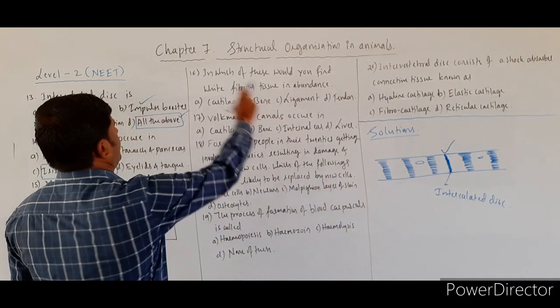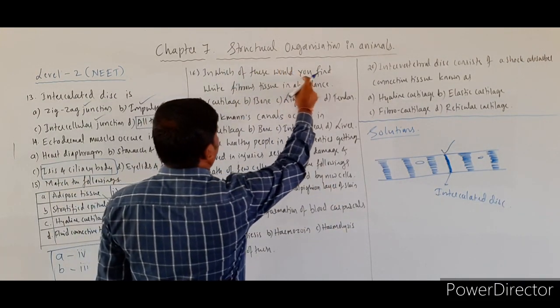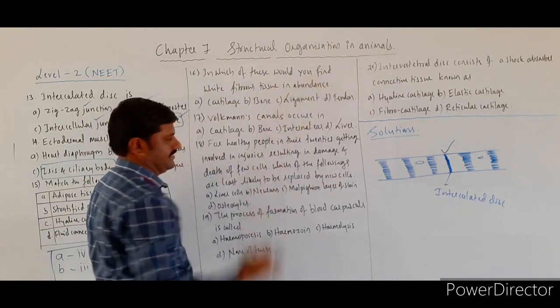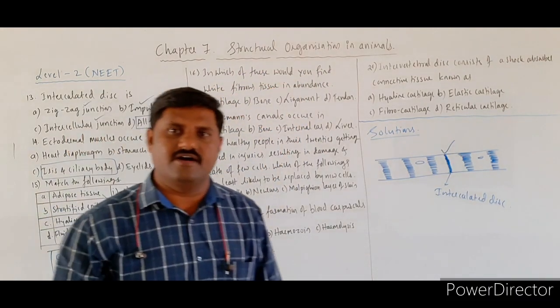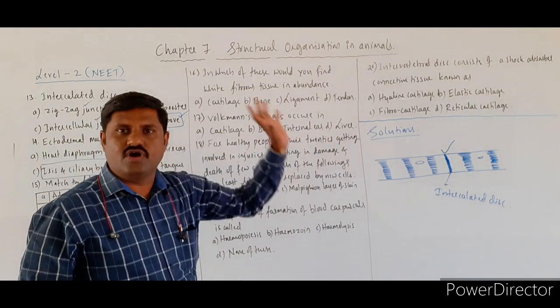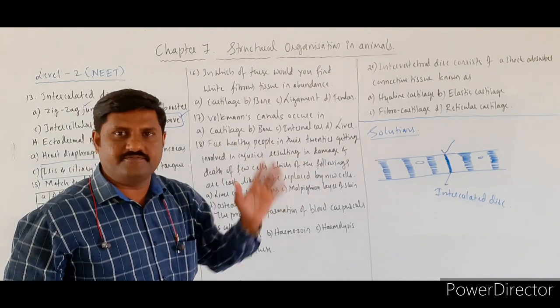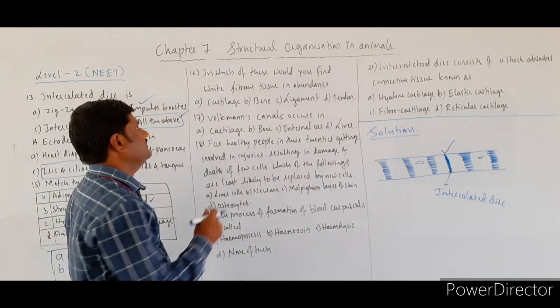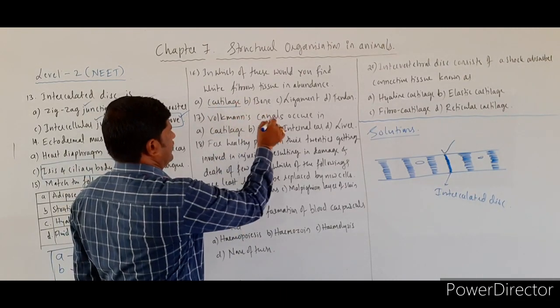So, next one. In which of these would you find white fibrous tissue in abundance? So in which part of these options are the greater number of white fibrous or collagen fibers abundant? Let us see. Cartilage, less are there.